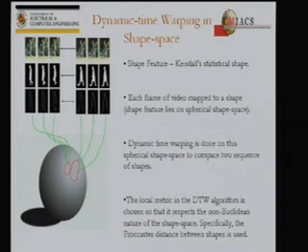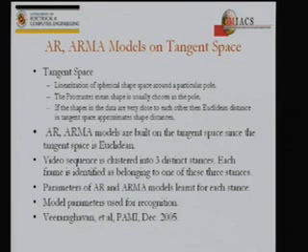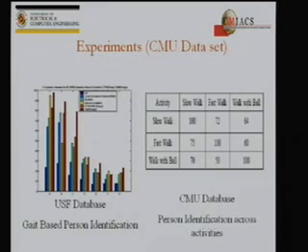The other way is to just fit a time series model, or a regressive model, ARMA model, and so on. We have tried both. When you do the ARMA model, since you are in the tangent space, it's okay to do simple Euclidean measures for telling one ARMA model from the other, and there are standard distance measures that are available. I'll actually list them later.